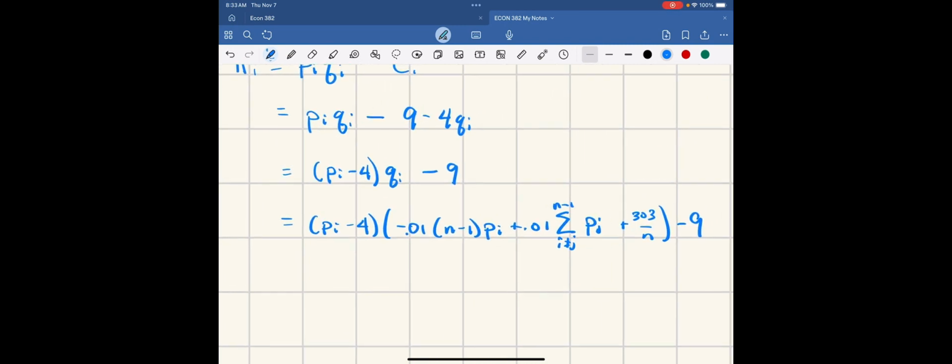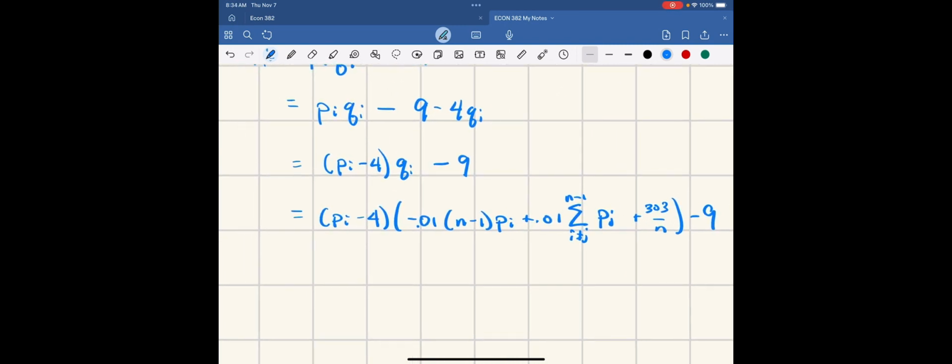All right, so next we can take the first order condition with respect to what firm i has a decision to make. They can choose the price of i. So we do this using the product rule: the derivative of the first times the second. The derivative of the first is just 1. So I get negative 0.01 (n minus 1) p_i plus 0.01 summation over j not equal to i up to n minus 1 of p_j, plus 303 over n.